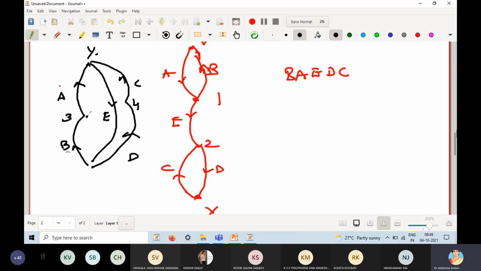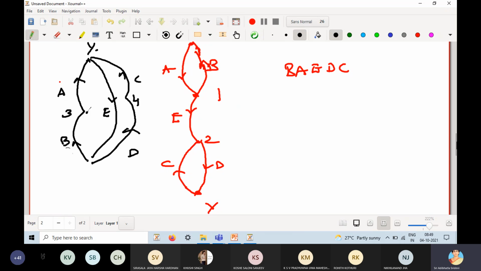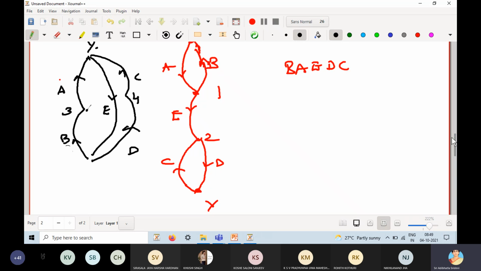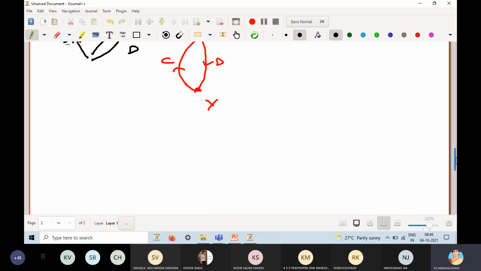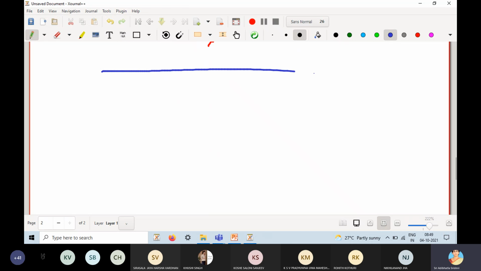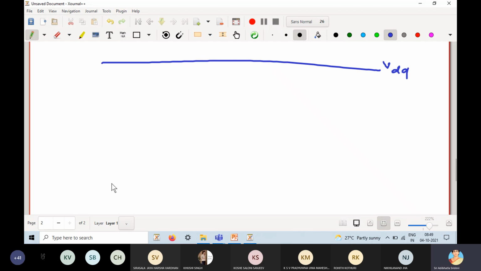Okay. Now let us draw the stick diagram from the Euler path. Actually, that's the most important thing, right? So all of you please be attentive. So what we have to do is, first of all, you draw VDD. Okay. And you draw ground. Okay.